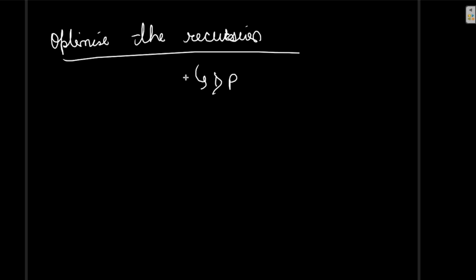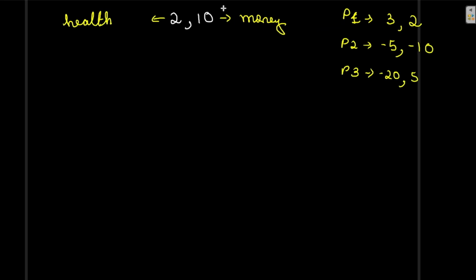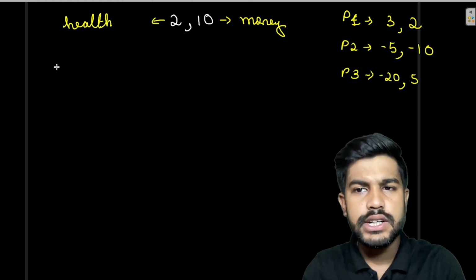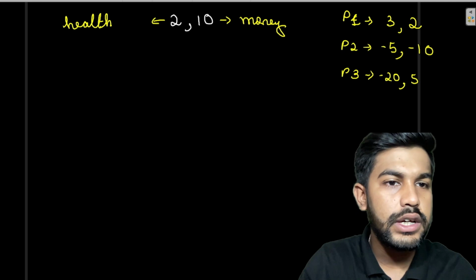And how to do it? We can just memoize the recursive solution, and that would be done itself. So before moving forward, let us understand how this recursive code is working. Let us understand the working of the code.